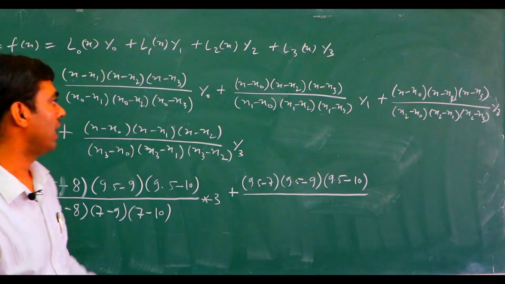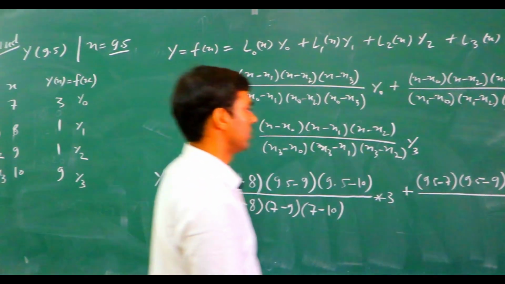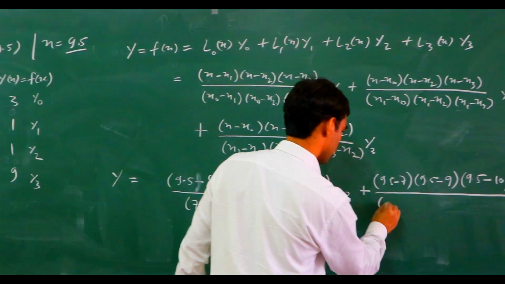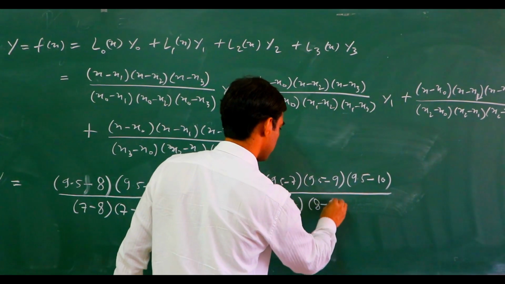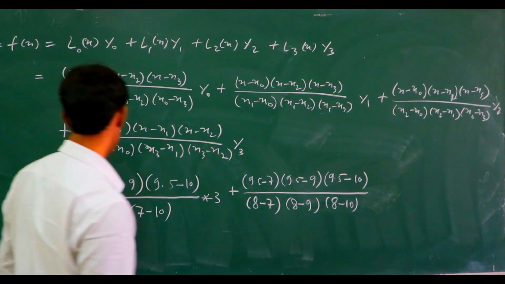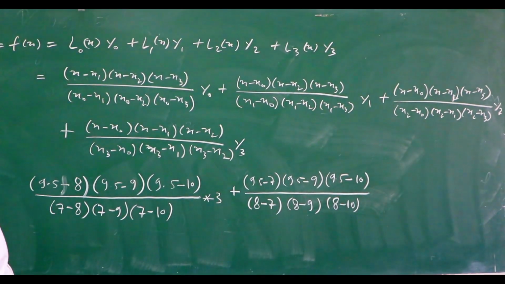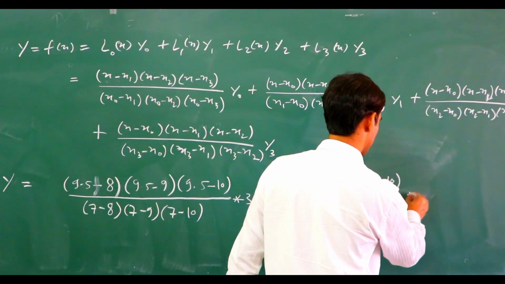Divided by x1 minus x0. What is the value of x1? x1 is 8. So here this one is 8 minus 7, 8 minus 9 and 8 minus 10, into y1. What is the value for y1? y1 is 1, so into 1.